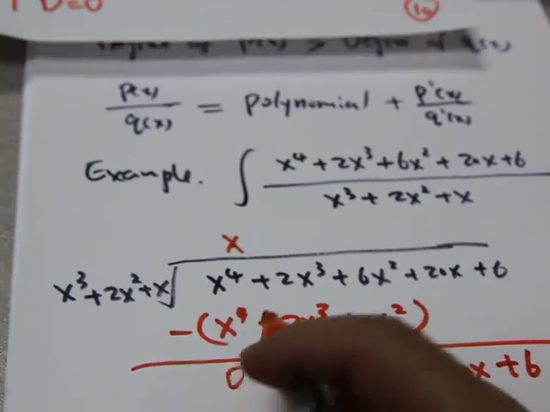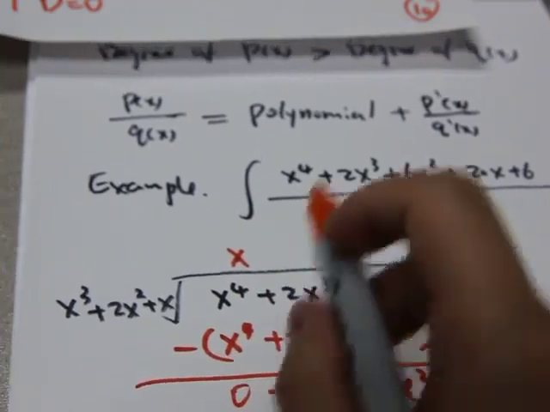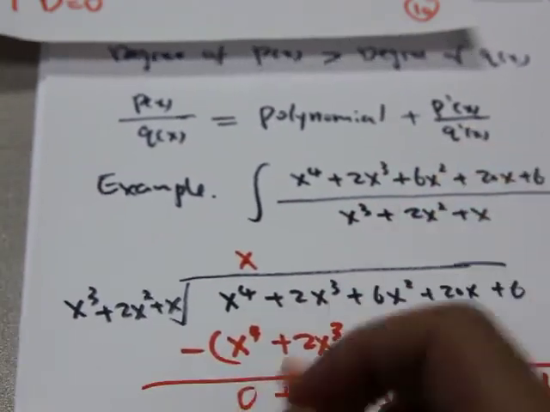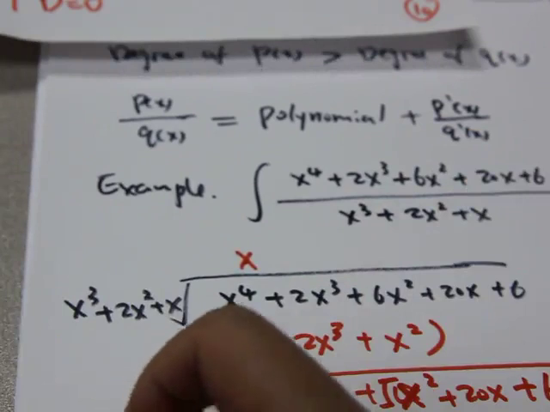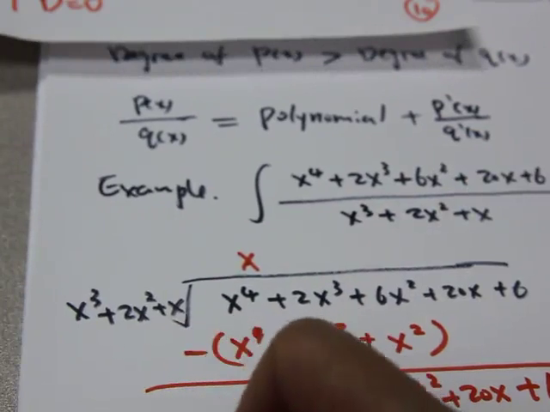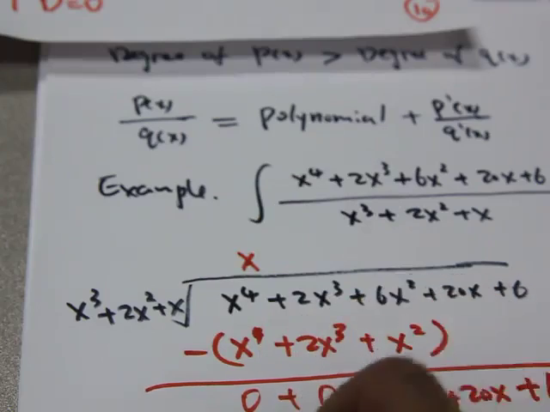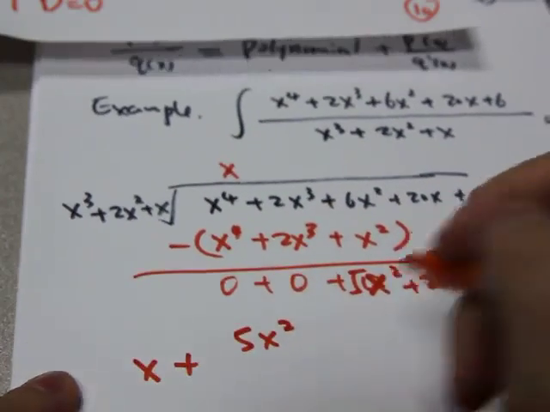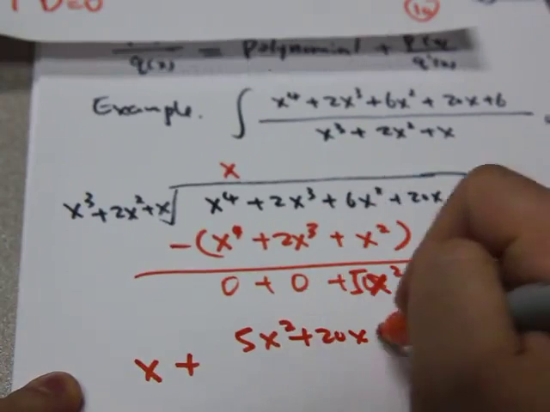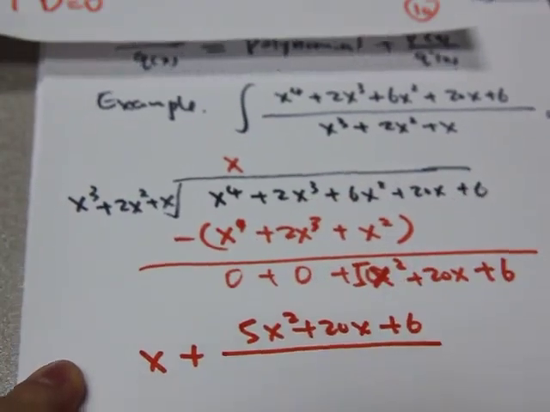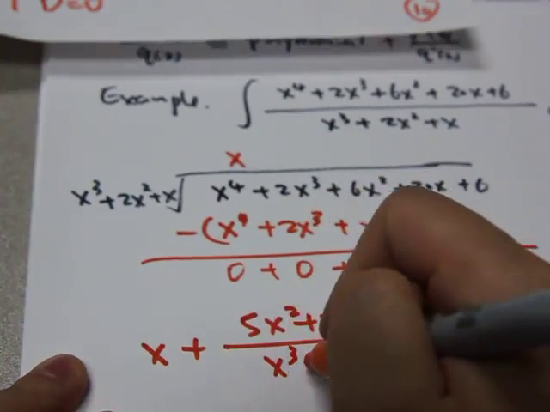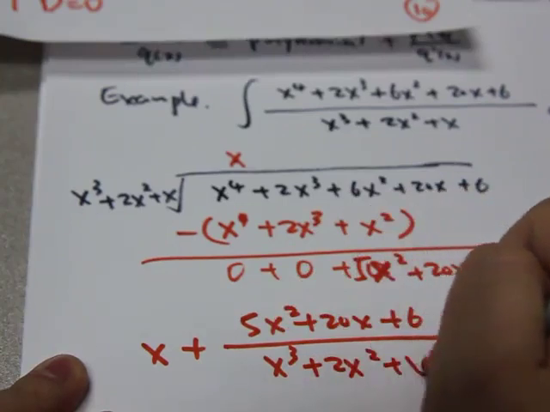Now, after we use the long division, we rewrite this rational expression into x plus the remainder, 5x squared plus 20x plus 6 over x cubed plus 2x squared plus x.